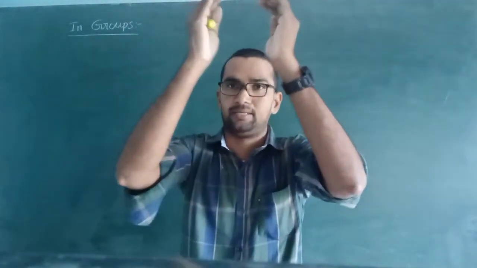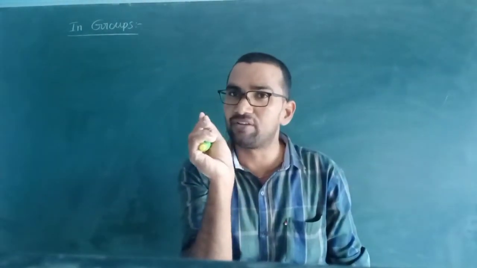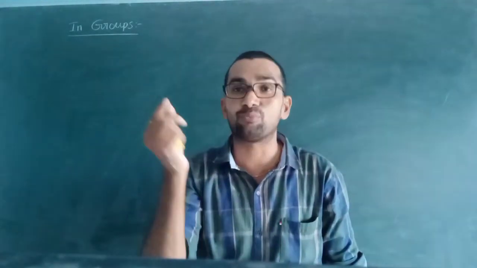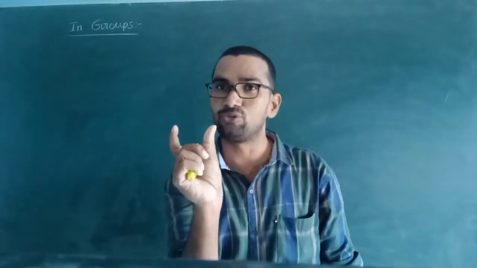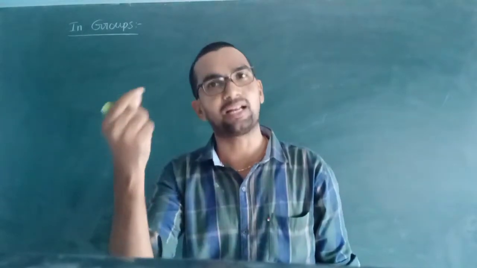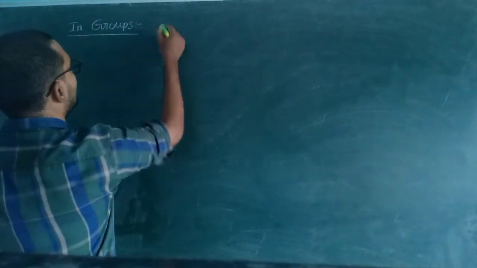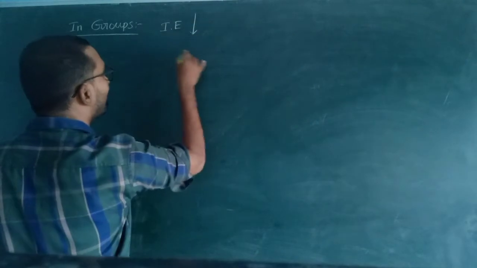But for a small atom, the electron is very close to the nucleus, so more attraction and more energy is required to remove it. That's why in groups, ionization energy decreases. Why?